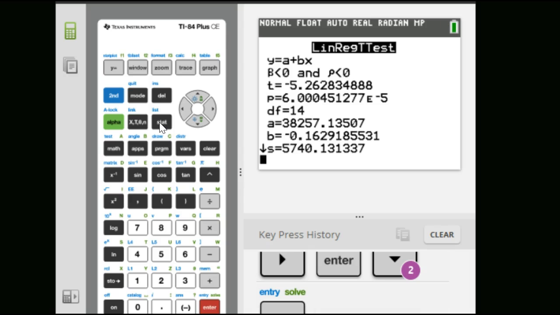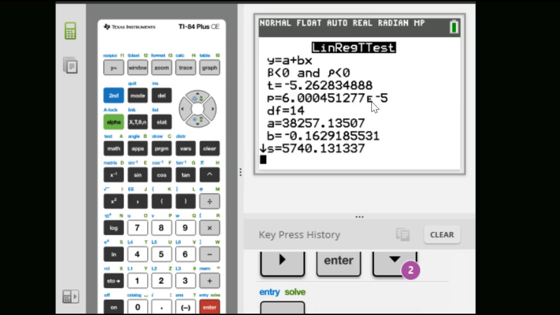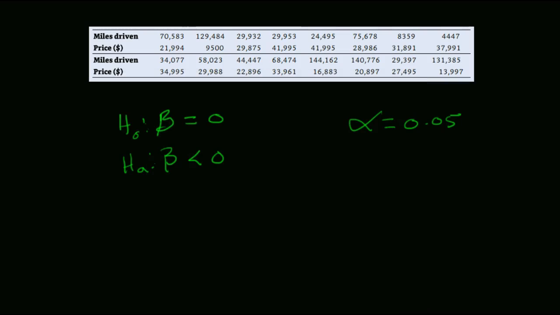I calculate, and I get my infamous p-value here, right? My p-value is very, very tiny. It's like 6 times 10 to the negative 5th. So p is significantly less than alpha. And p being less than alpha says reject the H null, which means that my data supports my alternate hypothesis, right?